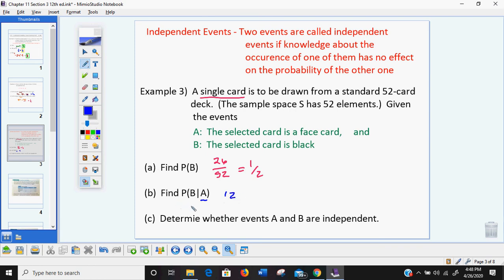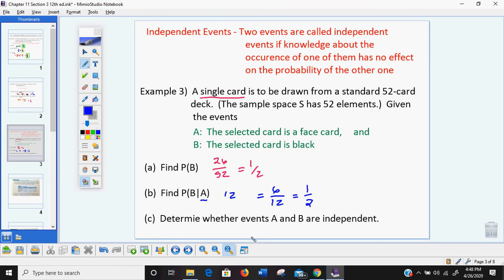Then it says the probability is black. Well, how many of those 12 face cards are black? There's 3 spades and 3 of the other ones. So that gives us 6 out of those 12, which means half of those face cards are black. So the answer to that one would also be 1/2.